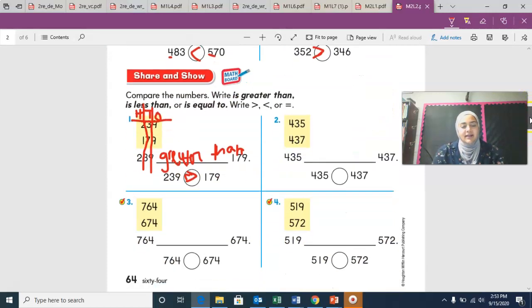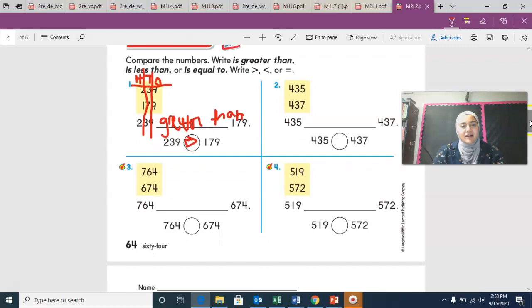All right, moving on. Let's look at this one. Now we have ones, tens, hundreds. And then we are going to separate those place values. All right, so here we have the same in the hundreds, right? 4 and 4, that's the same.